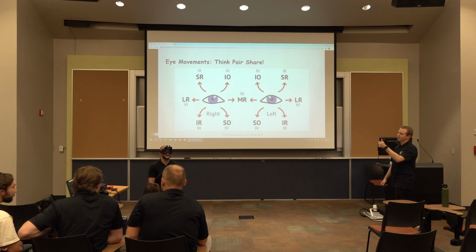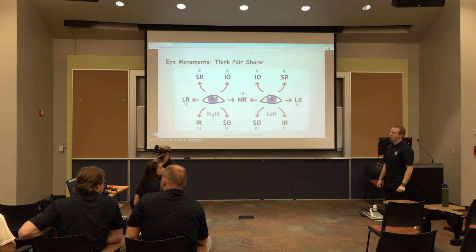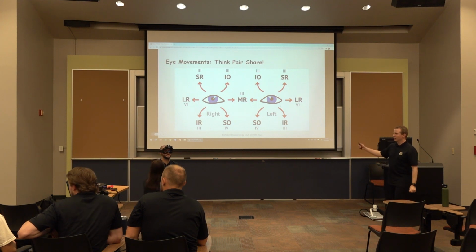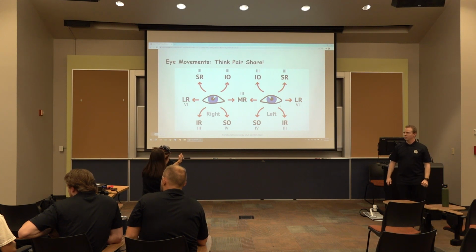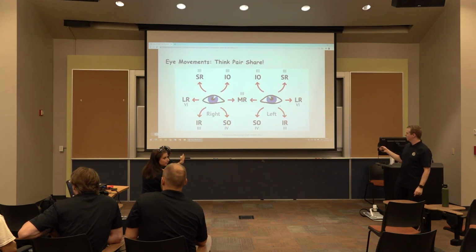Alright, so go lateral. Okay. Yeah, try a lateral. So someone tell me, I don't know if you guys can see over my phone, what muscle is his left eye using? The left rectus, or the lateral rectus. Good. His right eye? Medial rectus.